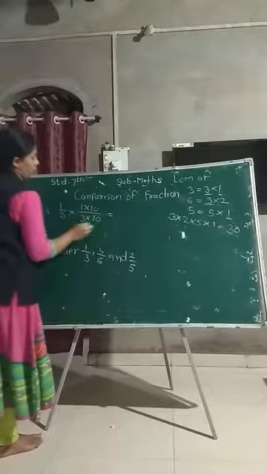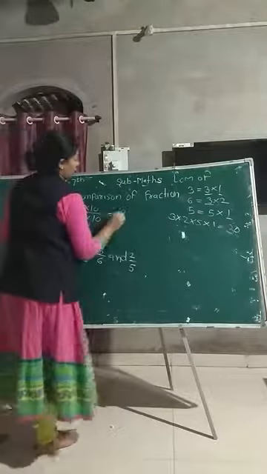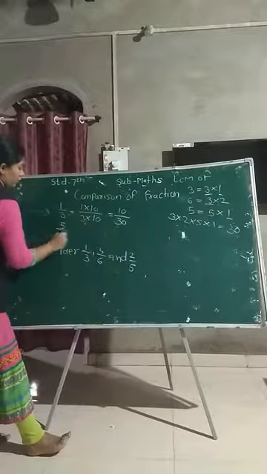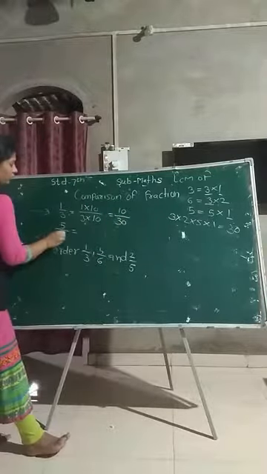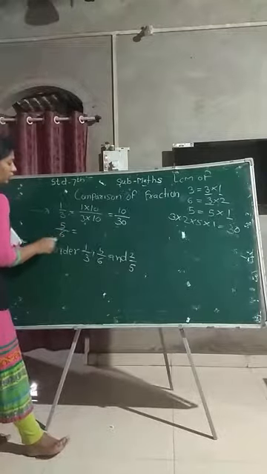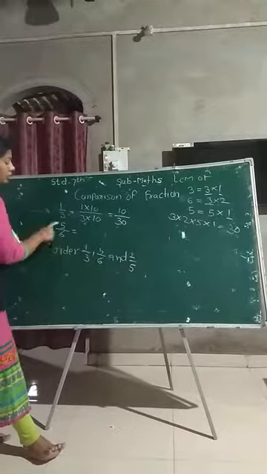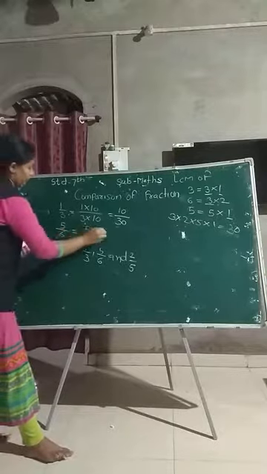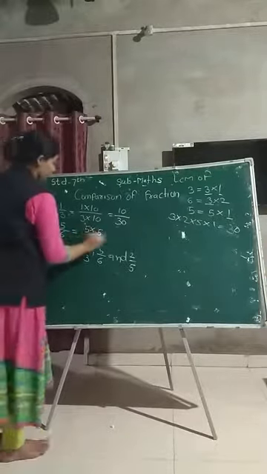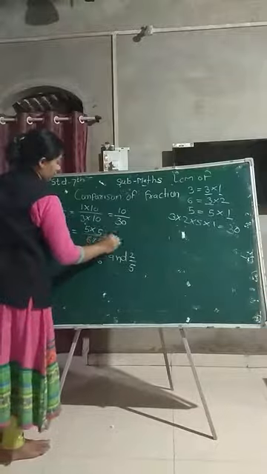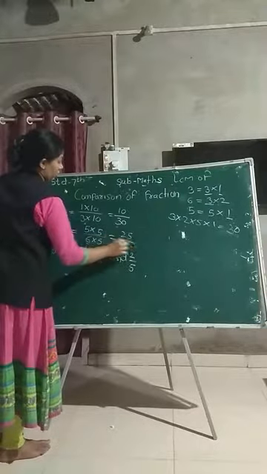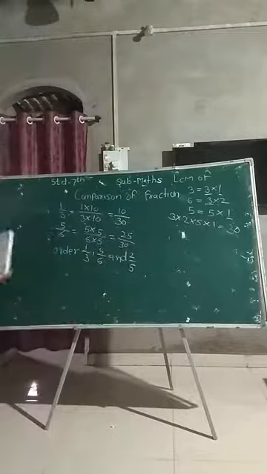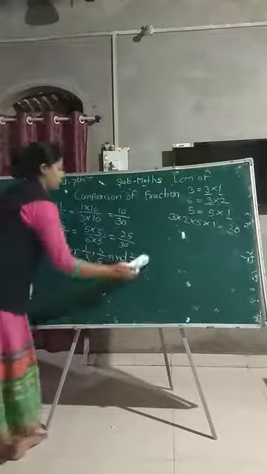Then we get denominator 30, that is 10/30. For 5/6, to make the denominator 30, multiply by 5. That gives 25/30, since 5 5s are 25 and 6 5s are 30. Now the last is 2/5.